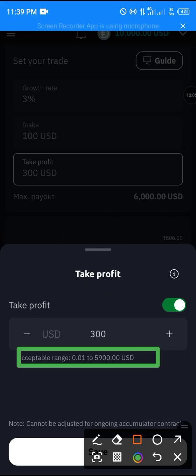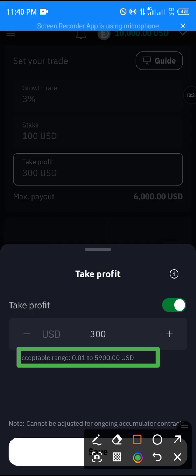So you can actually use this $100 stake above to make 5,900. But that is for the greedy. You understand? That is for the greedy. Somebody will just say, okay, let me put my take profit at 5,900 to get approximately 6,000. What if the market was not able to move to that extent to give you that amount? That is how you foolishly lose your money.